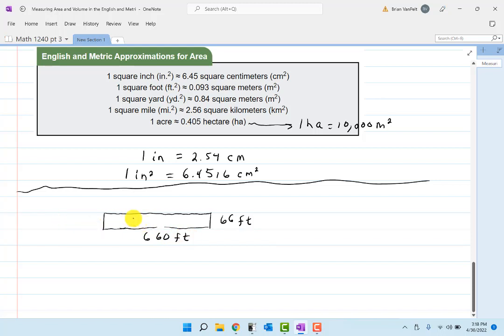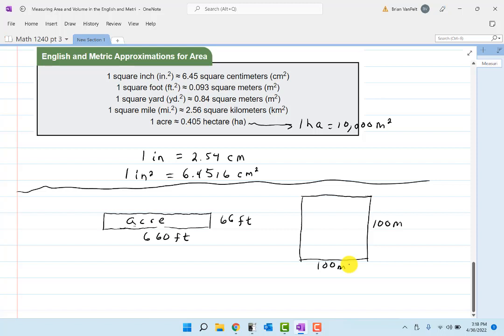This is an acre. Notice that an acre is smaller than a hectare because a hectare is defined to be this quantity. A hectare is defined as a square that is 100 meters by 100 meters. So you get an idea how the two can compare to each other.